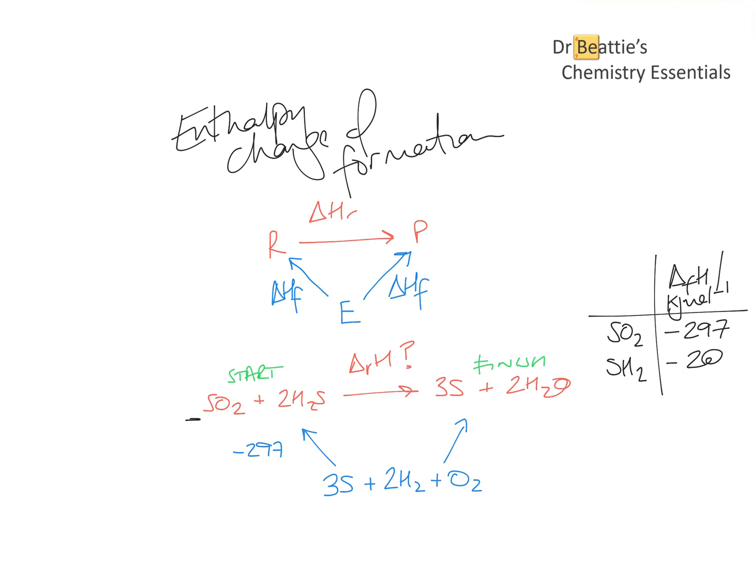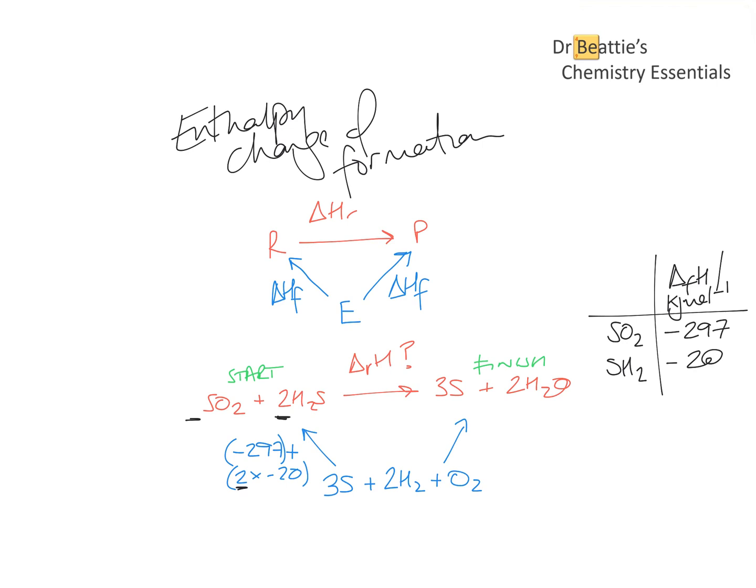So to correct for the fact that we have a 2 in front of our balanced equation here, we need to understand that it is the -297 of the sulfur dioxide plus 2 lots, just to reiterate, of this value here, -20, for the 2 dihydrogen sulfides that are produced. Collectively, that is the value for this whole arrow here. So if we go from here to here, the magnitude of that arrow is worth this amount.